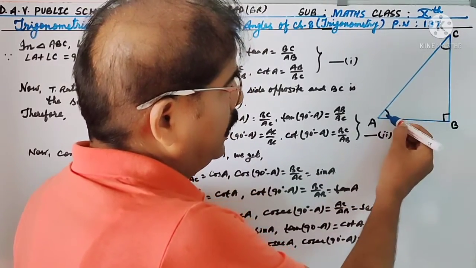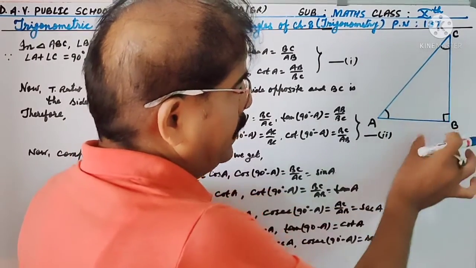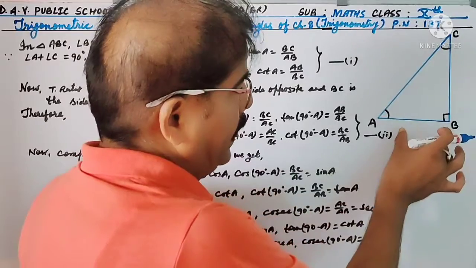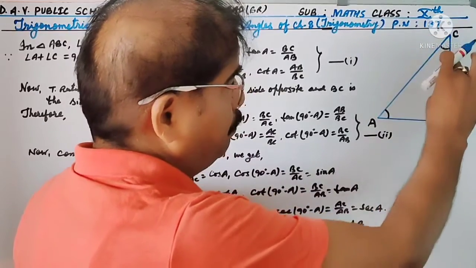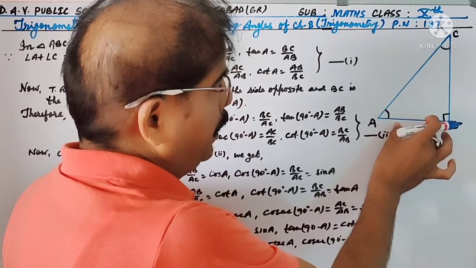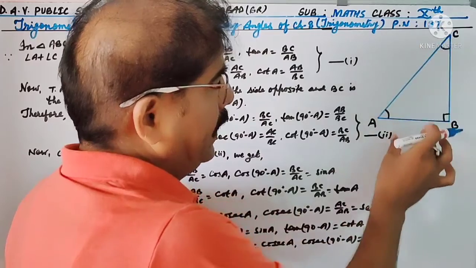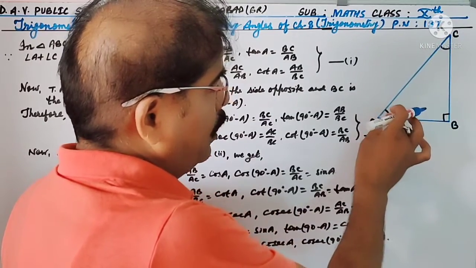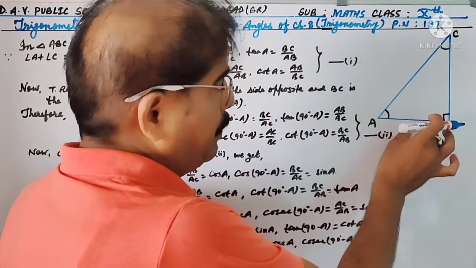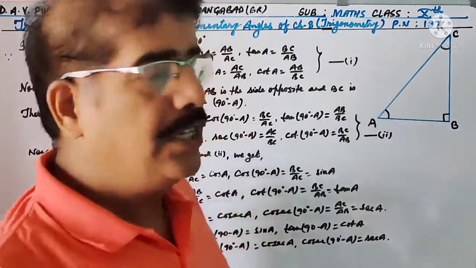Then the T ratios: sin A equals P by H, that means BC by AC; cos A equals B by H, that means AB by AC; tan A equals P by B, that means BC by AB.